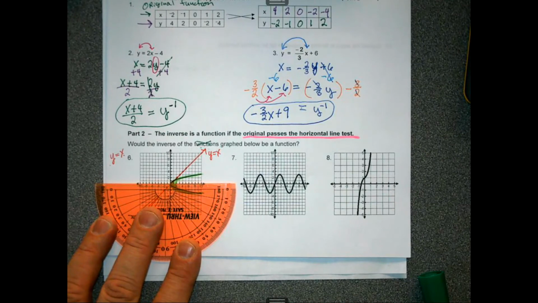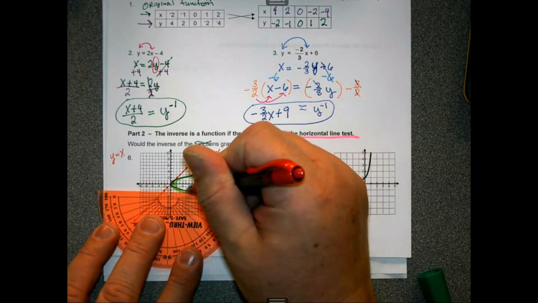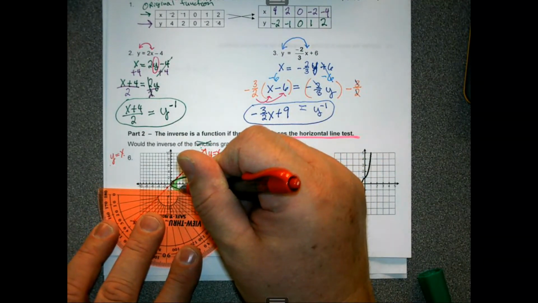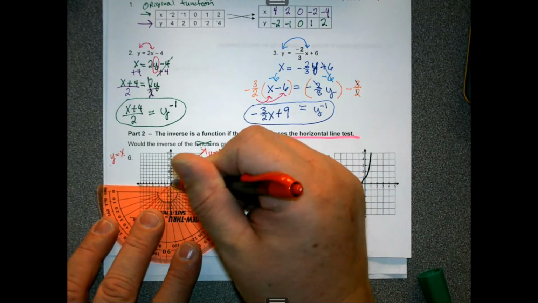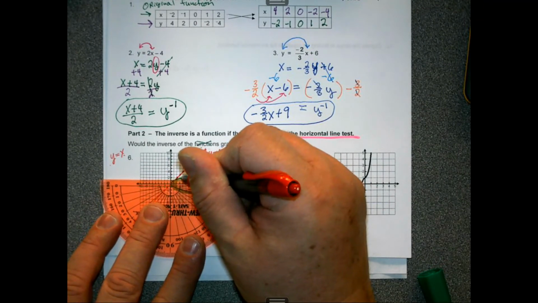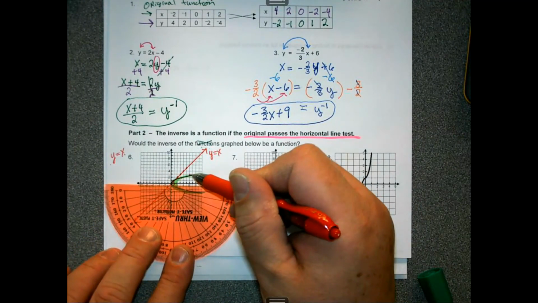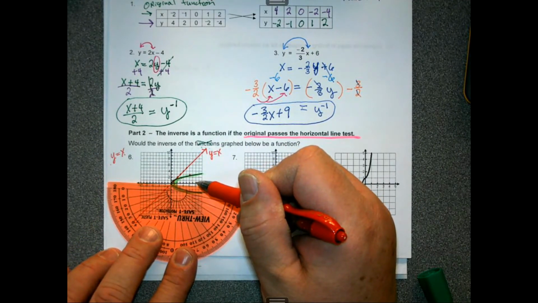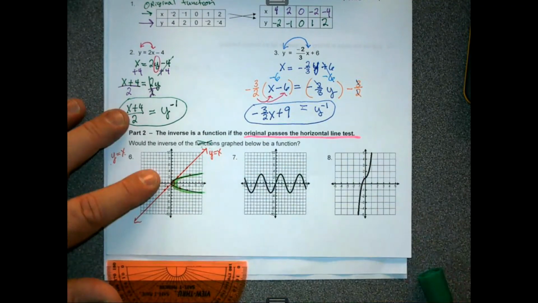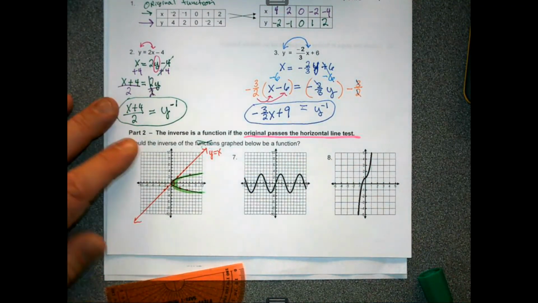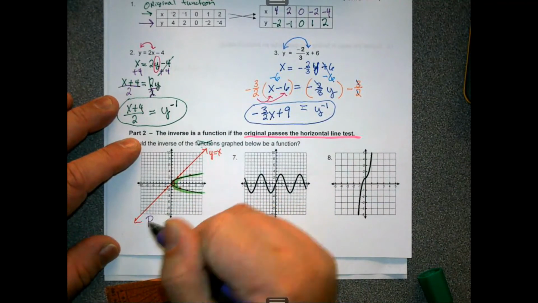Let's do some test points. Here crosses at 1 point. Here crosses at 1 point. Here crosses at 1 point. 1 point. 1 point. 1 point. So it indeed does pass the horizontal line test, doesn't it? So therefore, we know that the original graph passes.